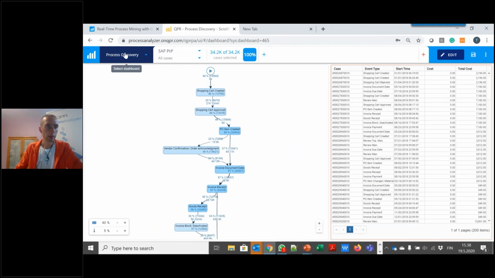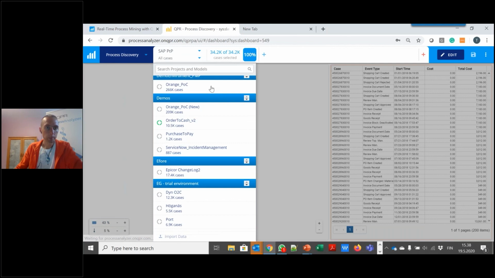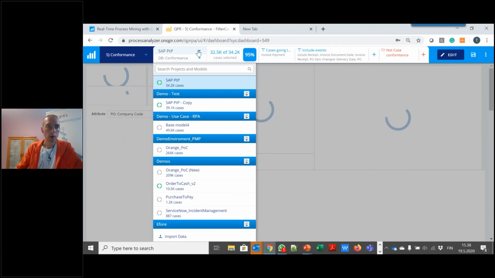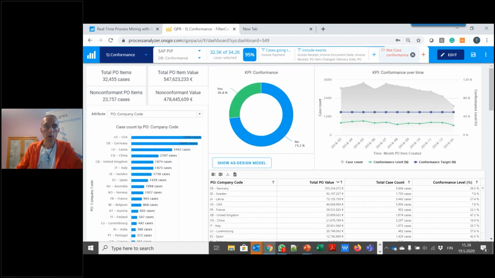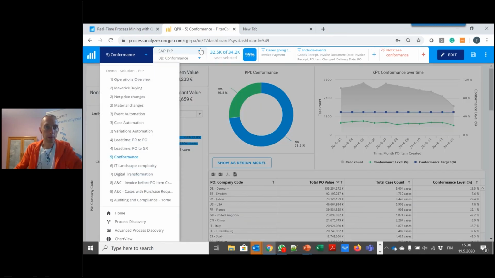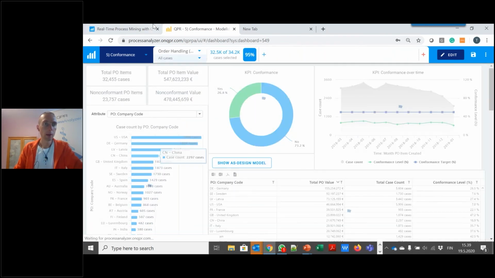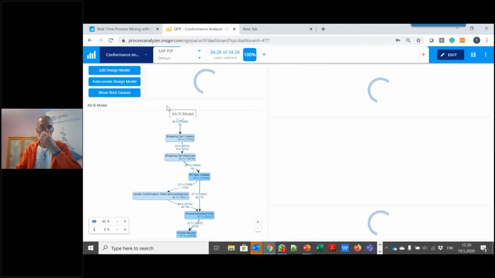So I will take this basic level of the conformance analysis without any sort of extras, and let me take it from this order to cash and show it from the conformance analysis over here.